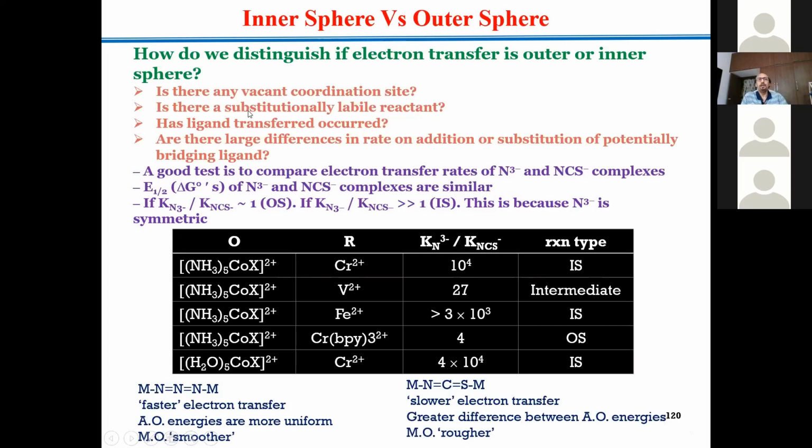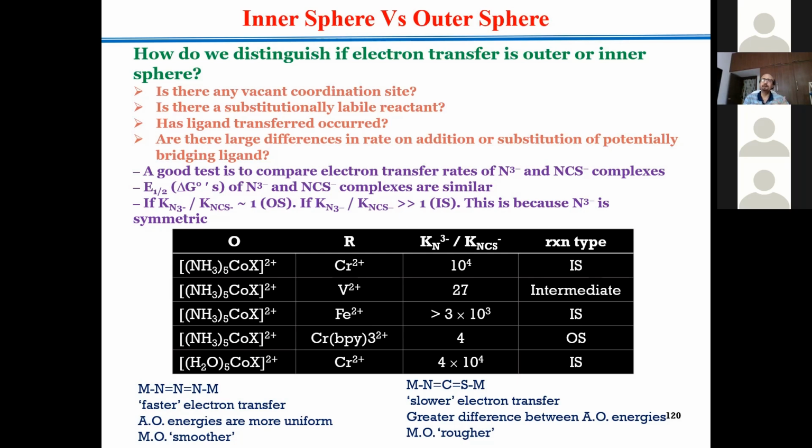Now, how do you distinguish if electron transfer is outer sphere? This is the question we have been raising over the last so many slides. Our full discussion is in that direction, right? So you have the outer sphere route on one hand and the inner sphere route on the other hand, and we are debating whether the reaction is truly outer sphere, truly inner sphere, or somewhere in between, right?